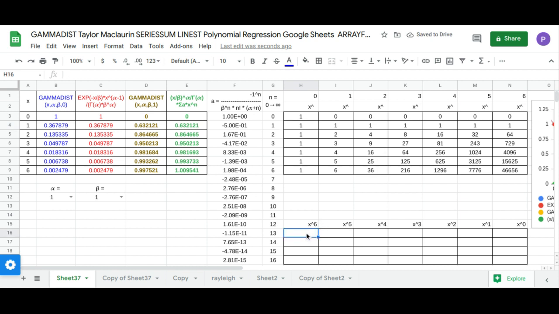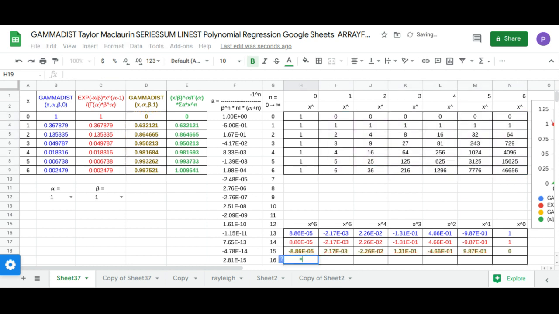Now we'll calculate Linest polynomial regression. So this is Linest data y and data x. Also Linest data y and data x. And this is also Linest data y and data x.